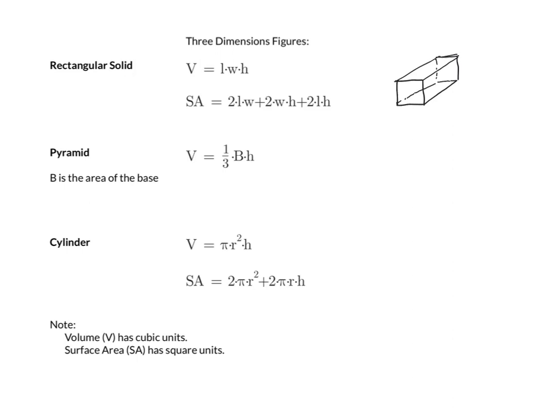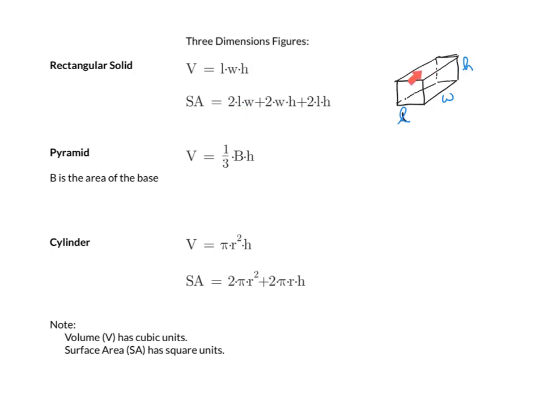So if we label our figure here, we have L, W, and H. So what makes up a box? Well, we have a top and a bottom. Those are all using L and W. So we have two rectangles with measurements of L times W. That's our 2LW.